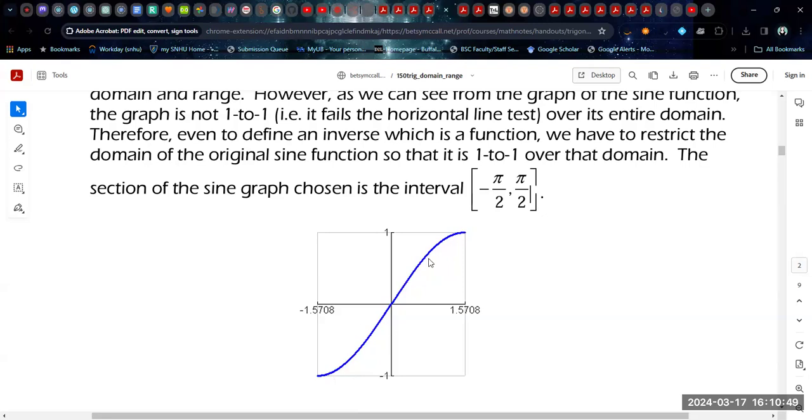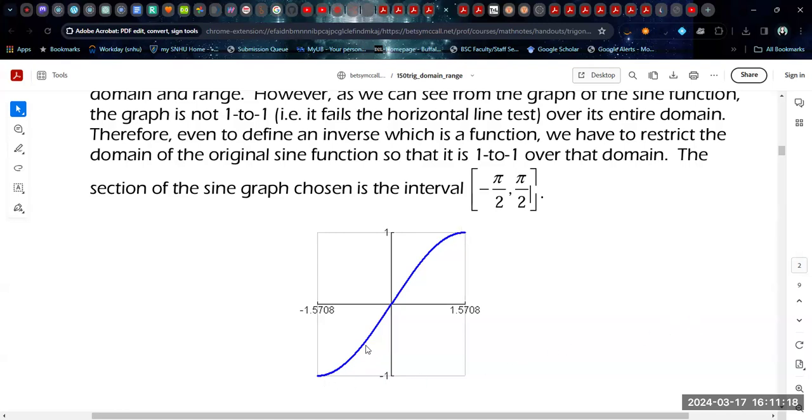So in this section of the graph, it is a 1-to-1 function, but we have to restrict the domain to just this section. So this restricted domain of the original sine function will become the range of the inverse sine. And then the range of the original sine function in this section will become the domain of the inverse sine function.